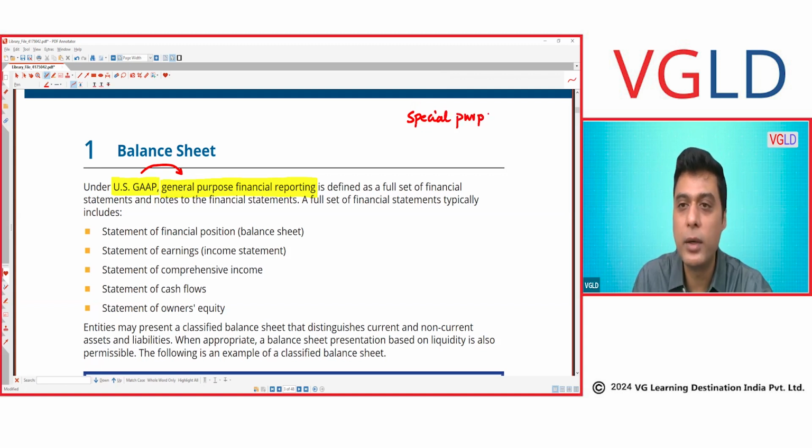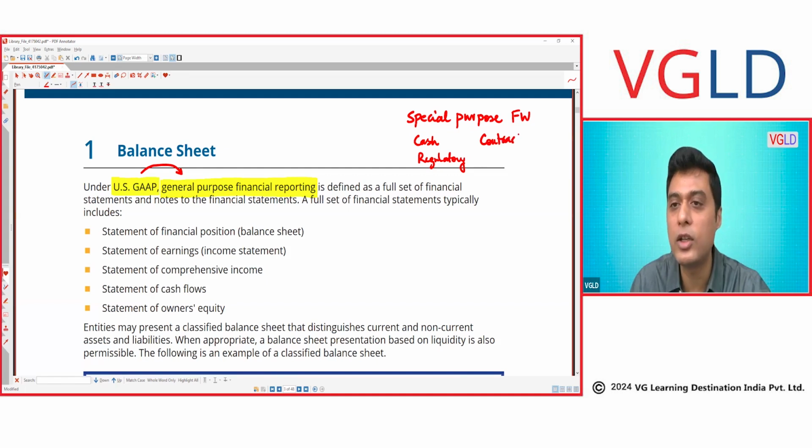Special purpose, pardon my handwriting, on the digital pad it comes across like this. As long as you can understand what I'm writing, I guess it's okay. So special purpose frameworks are cash basis of accounting, regulatory basis of accounting. In the US, they call it regulatory basis of accounting. Then you have income tax basis of accounting, contractual basis of accounting.